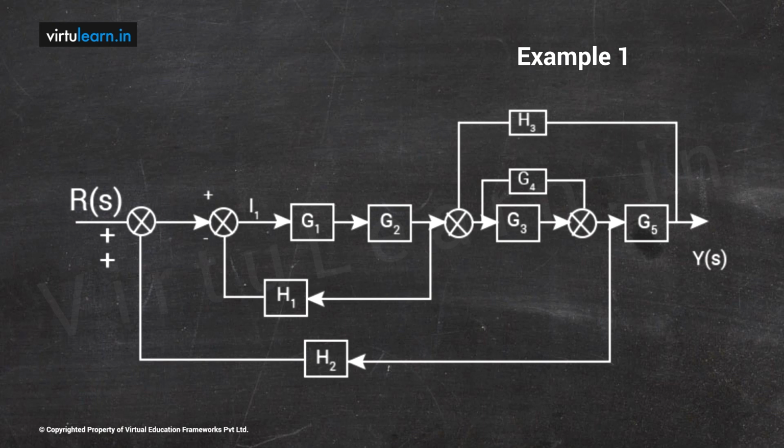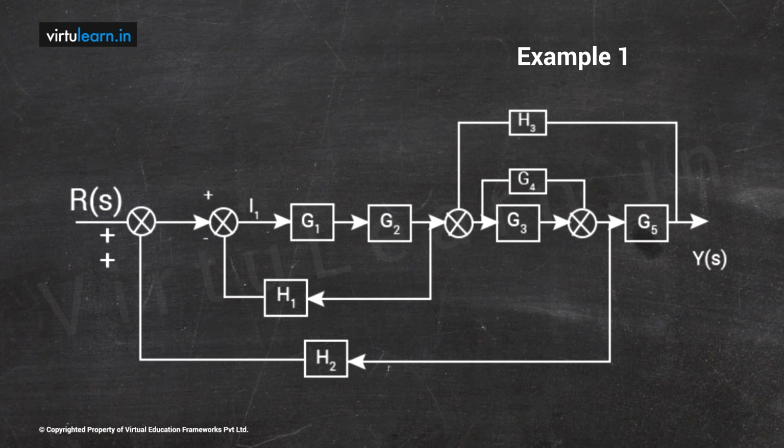So these 4 summing points must be eliminated using the rules which are available, and finally we can obtain the overall transfer function. All the rules, when you apply, must be in their standard form. You cannot simply apply the rule when G1, G2 are connected in series or parallel. It should be according to the rule that is available.